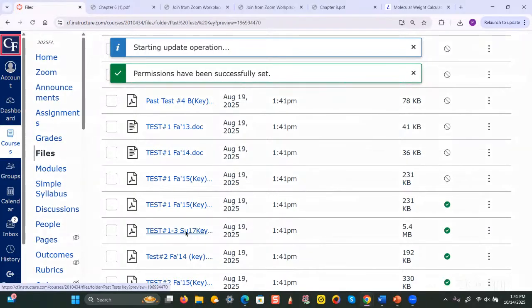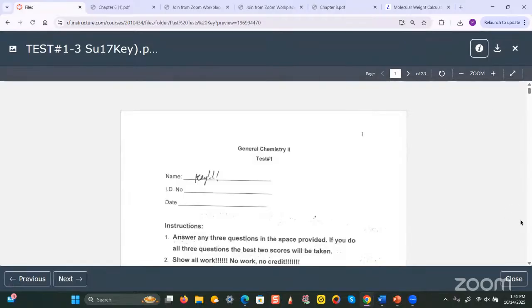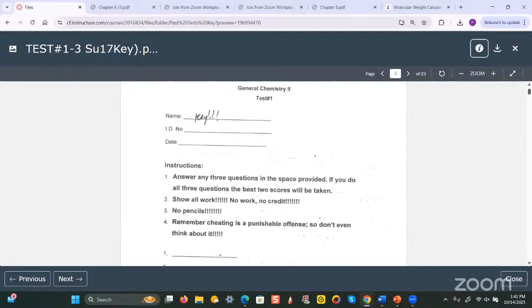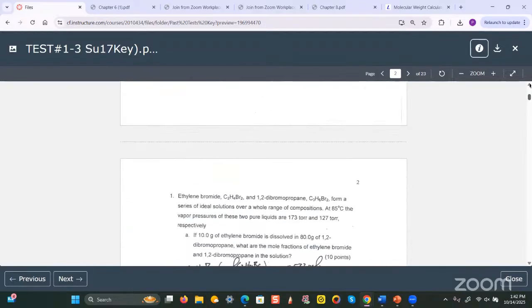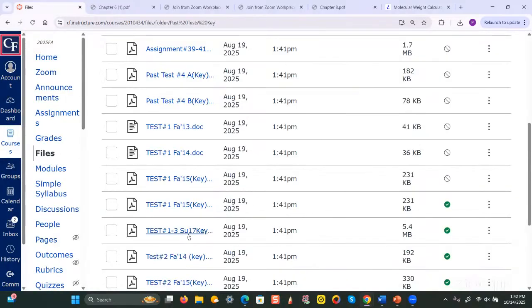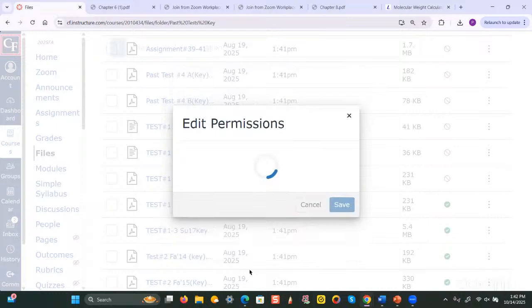Okay, let me take a quick look at this one right here. Oh no, this is wrong. It's general construction. How did that get there? Let me unpublish that.